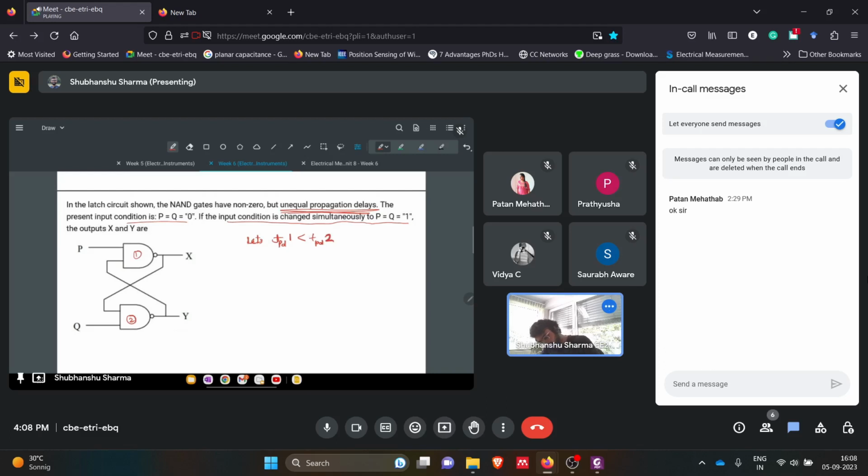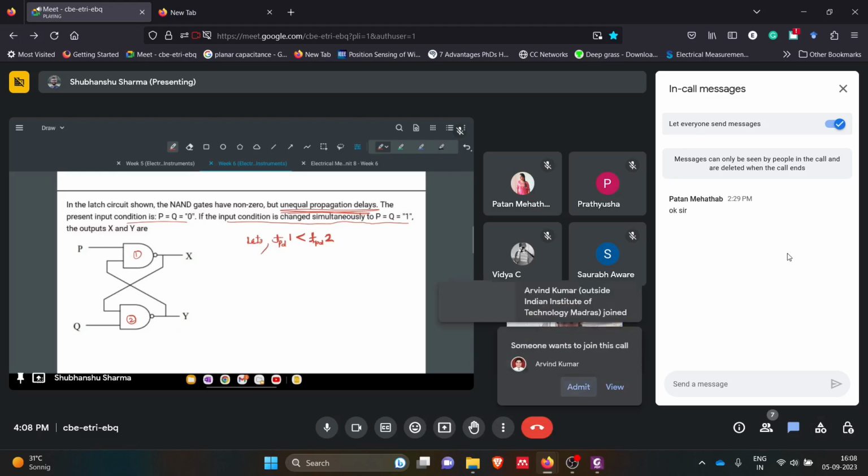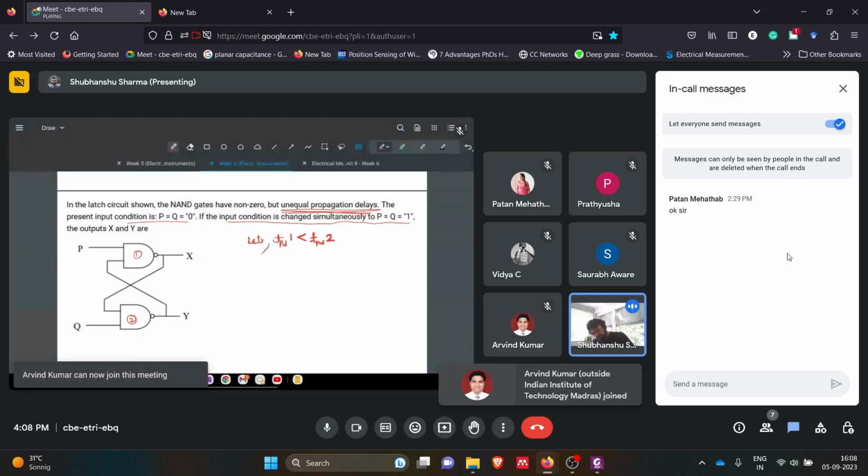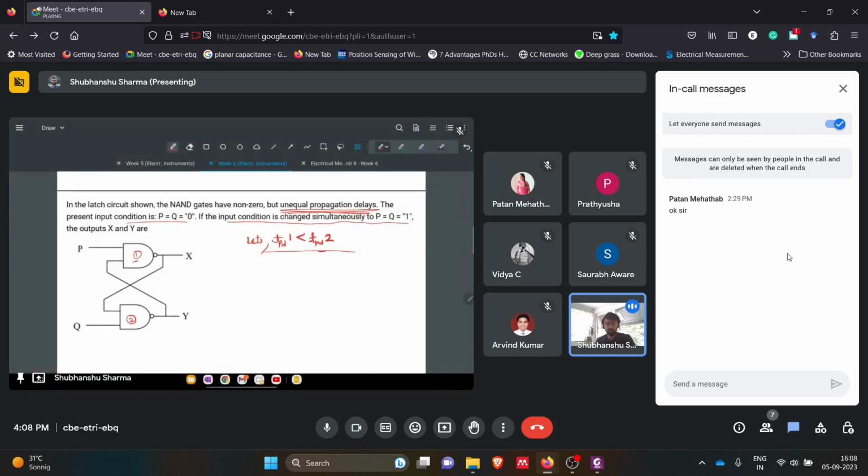We can assume the other way also, I think that will not be an issue. So we just assume the propagation delay of the first NAND gate is less than the propagation delay of the second NAND gate.